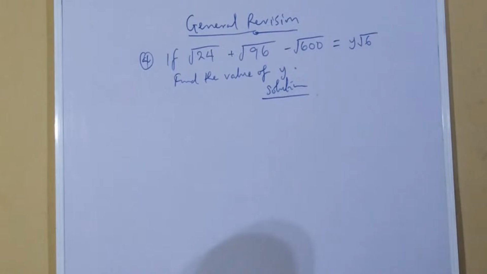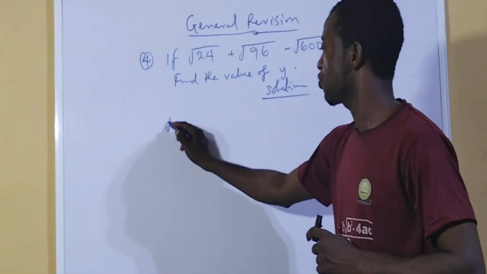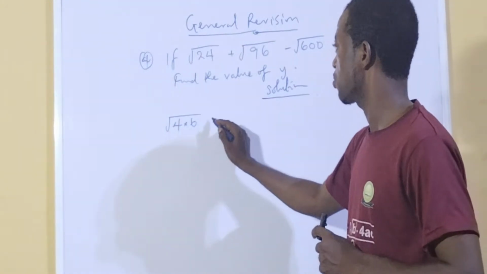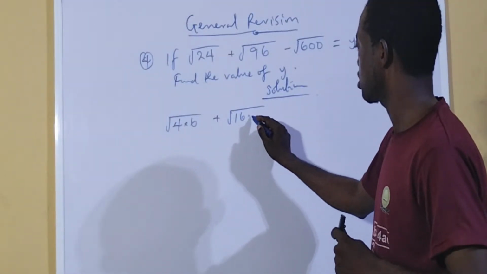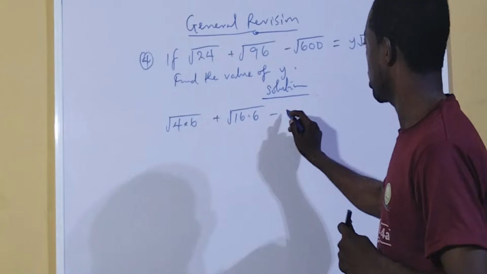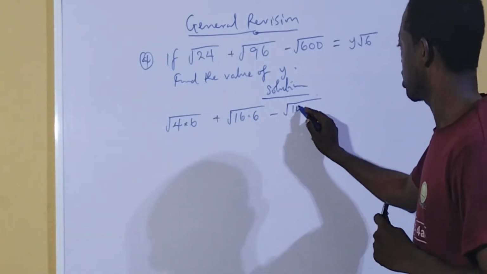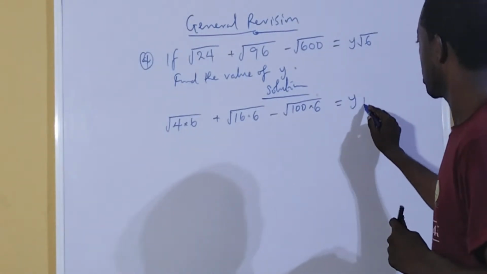Then we can express 24 as 4 times 6, plus we can express 96 as 16 times 6, then minus we can express 600 as 100 times 6, equals to y root 6.